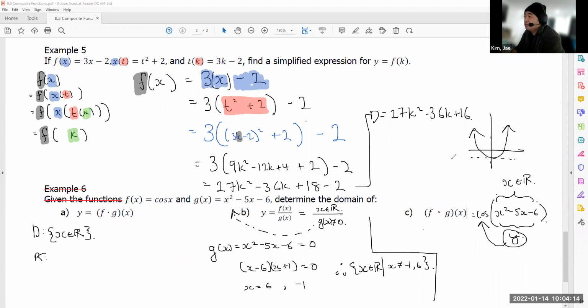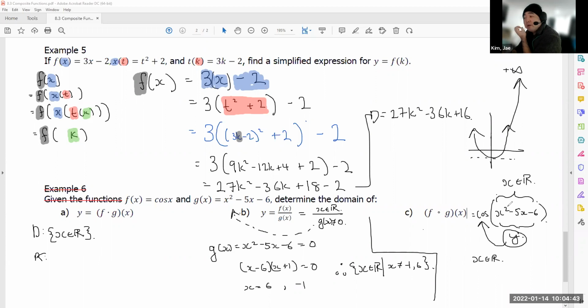The y values only go down to a certain negative. Can cosine handle negative as an angle? Of course it can. And this will continue on to positive infinity. Can cosine handle any values of any degrees all the way up to infinity? Of course it can. Therefore, for this function, the x values can absolutely be anything we want. So there's no restriction.